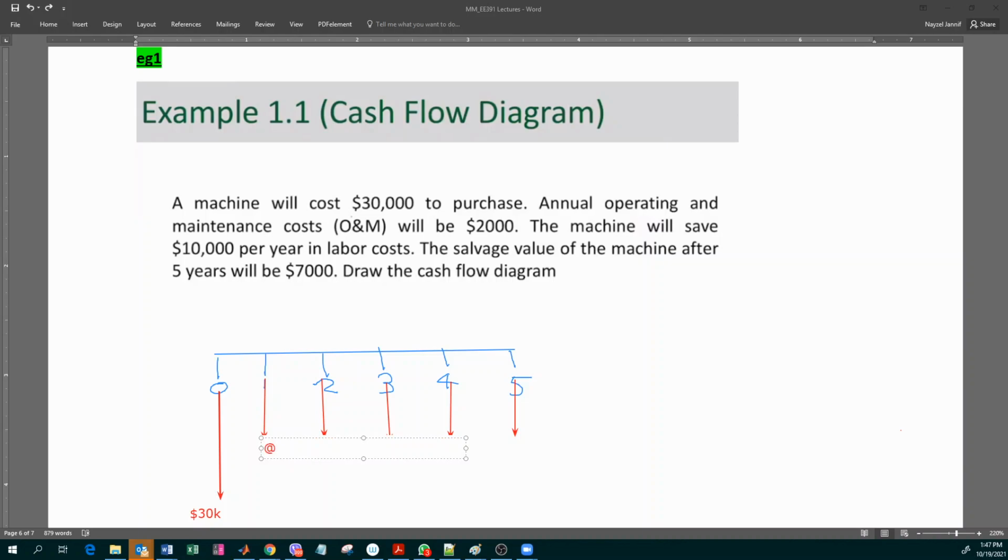Well, because the expense, the operating expenses, does not happen straight away. The operating expense does not happen straight away. It does not happen straight away. The operating expense happens after the first year. So another one is here.